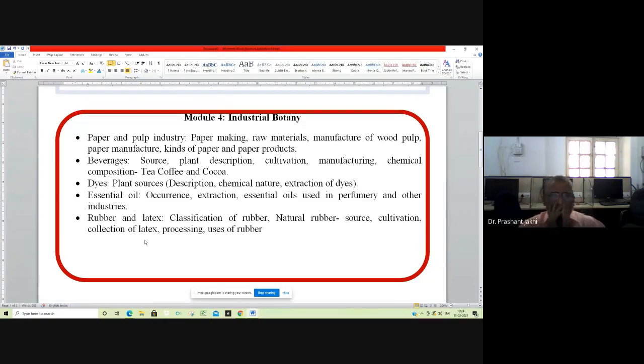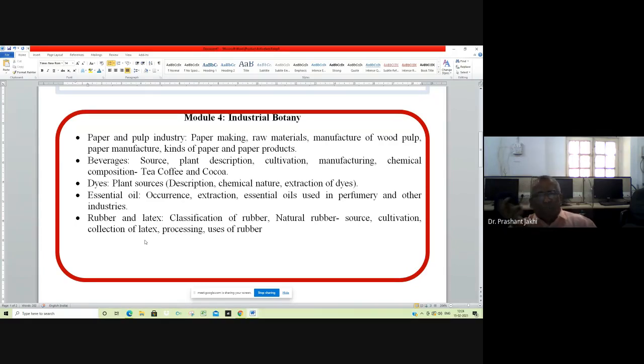Paper and pulp industry is also available from central India, including Ballarpur Industries of Ballarshah, and some of the industries are concentrated in Madhya Pradesh and West Bengal. So these are the areas where the paper industry is aggregated.